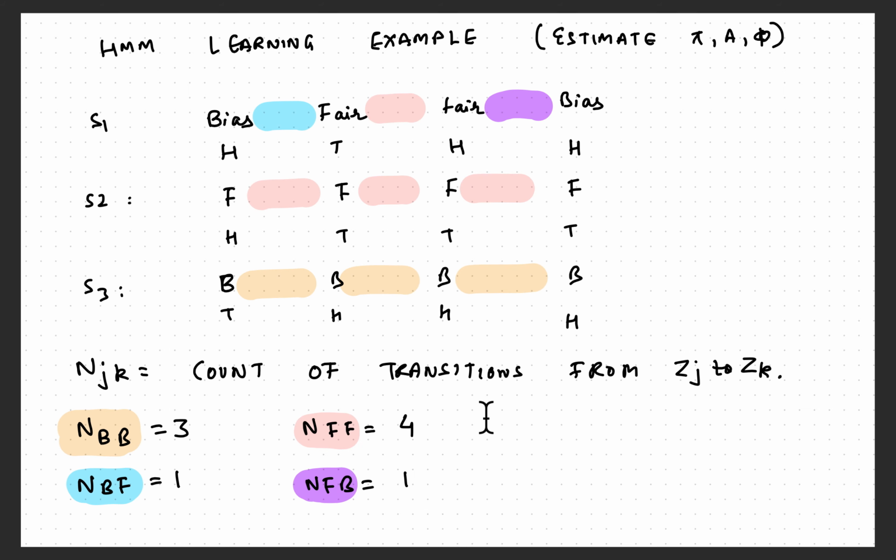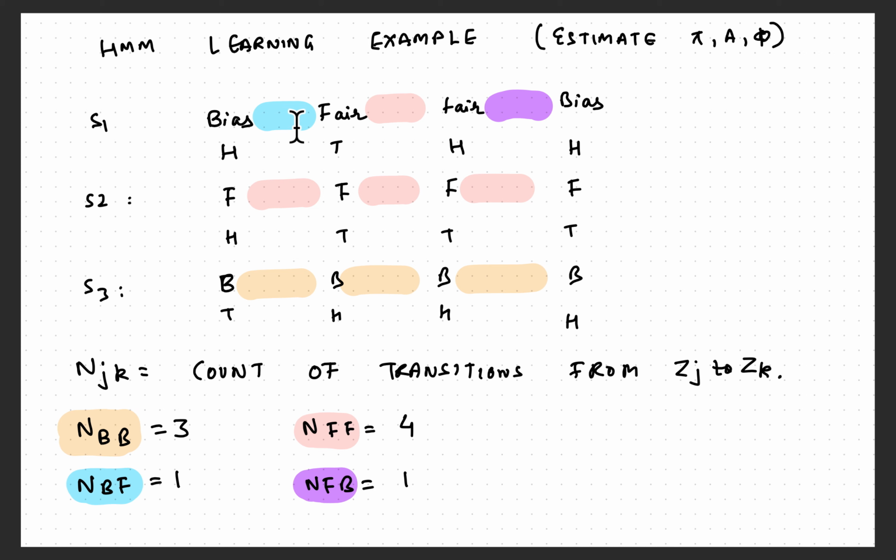So the first thing I'm showing here is the counts from bias to bias state, and I've shown them in this yellow color. So there are 3 such counts of going from bias to bias, right? And in blue, I have shown the transitions from bias to fair state.